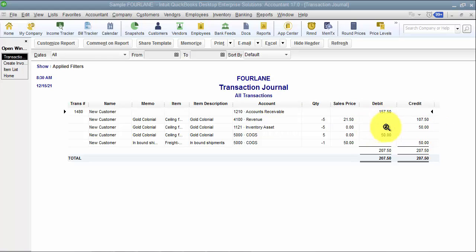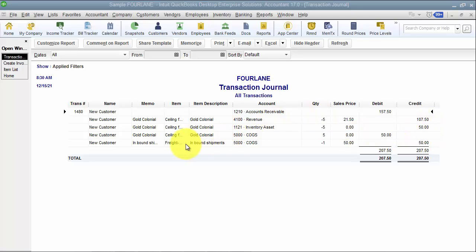But when did it go positive? It went positive when we received the inventory parts the first time. Okay? So inventory parts affect 4 accounts. It's always going to affect AR, unless you're using a sales receipt, of course, but some kind of cash or AR account, it's always going to affect revenue, inventory asset, and COGS.